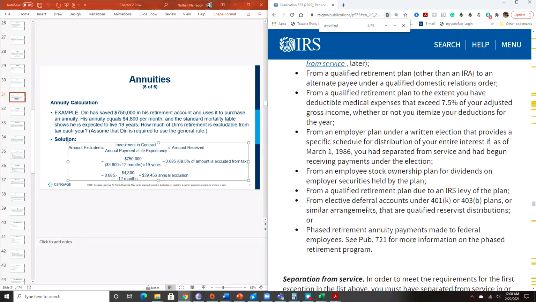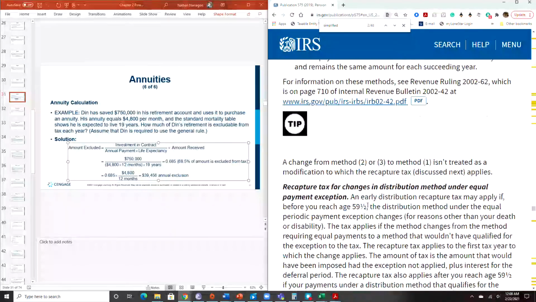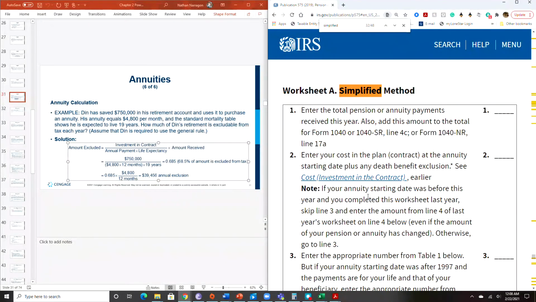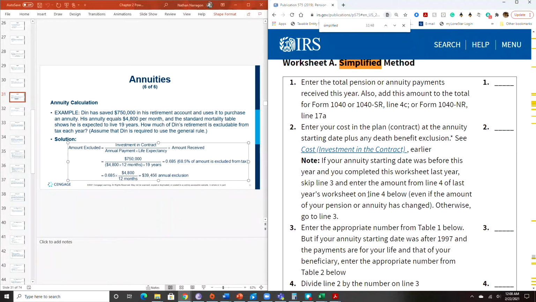No, of course, it changes. So, there we go. Okay, so we're going to enter the total pension or annuity payments received for the year. Now again, I can't actually edit this because I'm doing it right now.